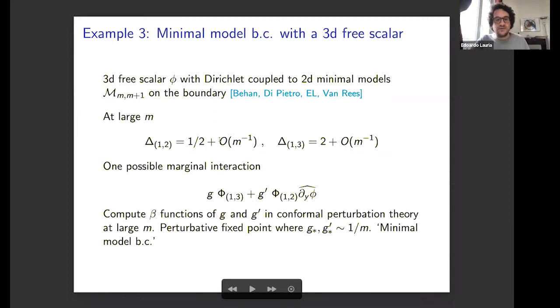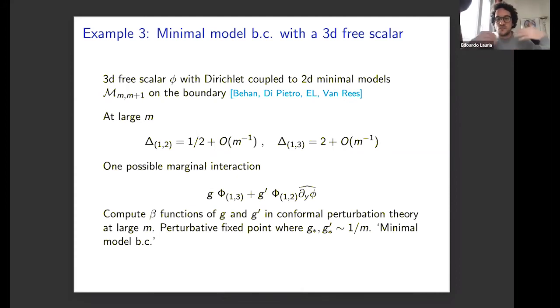You can couple these Dirichlet boundary conditions to these minimal models in the following way. A natural thing to do is to couple ∂_y phi, which has dimension 3/2, to the spin operator of the Mth minimal model, phi_(1,2), because it has dimension 1/2. So this will be a marginal operator. And then, of course, there is this guy: the poor phi_(1,3) is itself marginal, so it will be generated, and it's there.